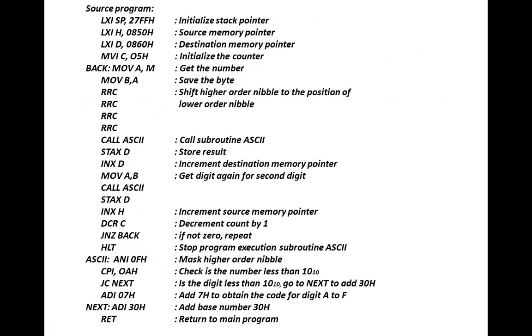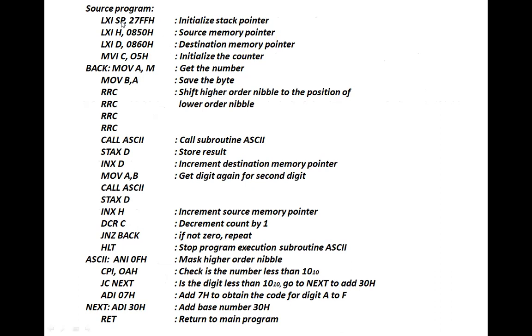This is the program for the conversion of binary to ASCII code. And this program will be using a subroutine for the conversion process. So let us understand the individual lines one by one, how this conversion is to be done.